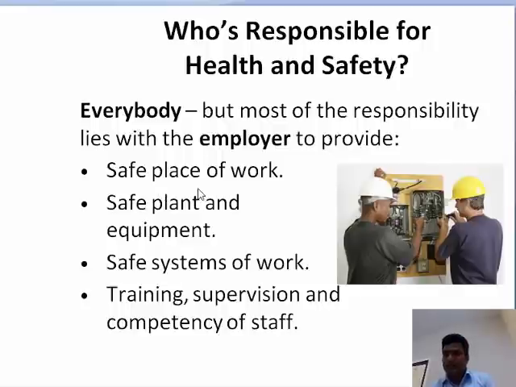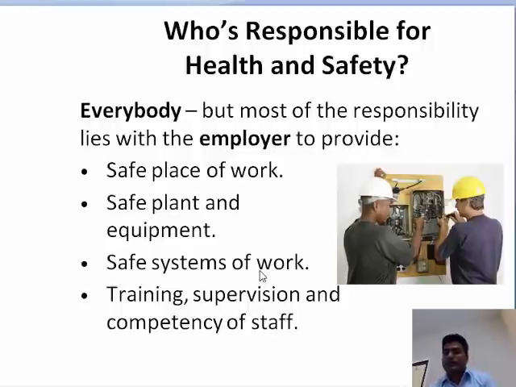That means they will maintain a safe place, so there will be no risks there, and safe plant, that means equipment should be safe and according to standards. Safe system of work means SOPs should be provided, a written statement of how any risk activity will be done, that is, a safe method of work.